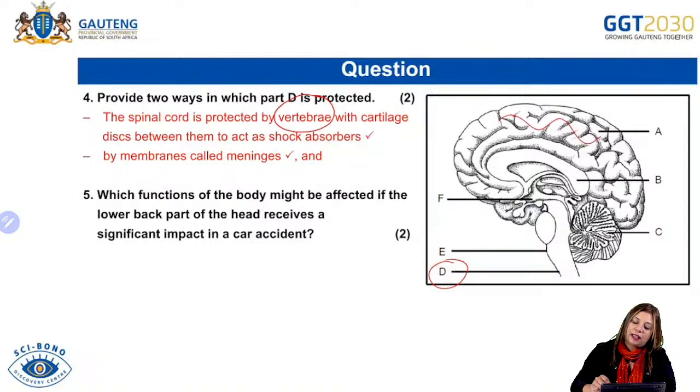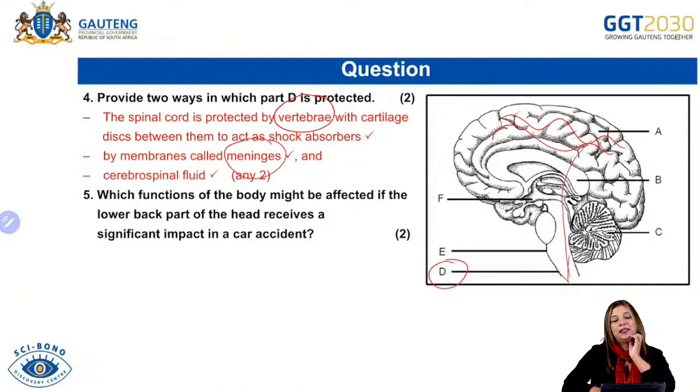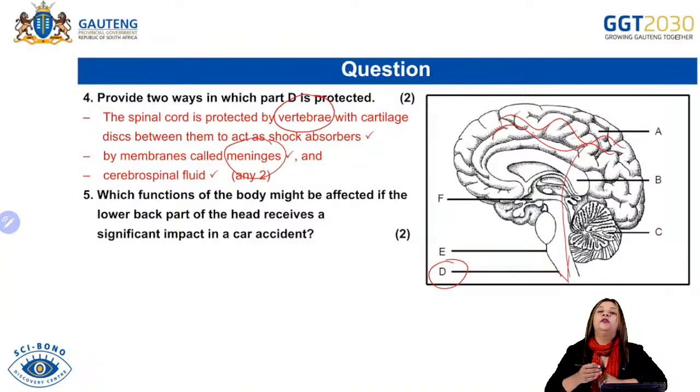Even though we discussed the meninges here, it still extends down to the spinal cord. So there's 2 ways in which the spinal cord is protected: by the vertebral column, and by the meninges. And then we also have, in addition to this, the cerebrospinal fluid, because we know any fluid within a structure forms a shock absorber, and it helps to prevent mechanical damage.